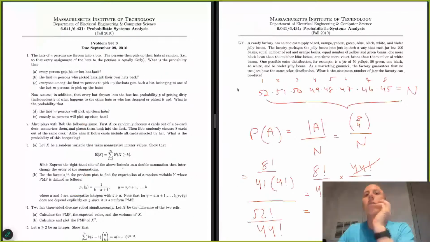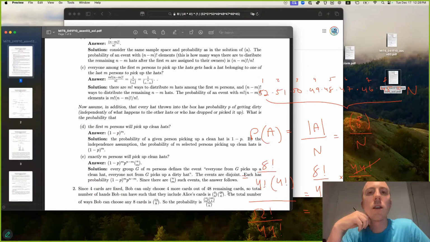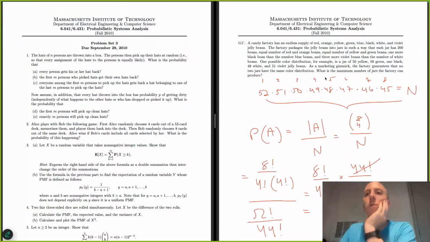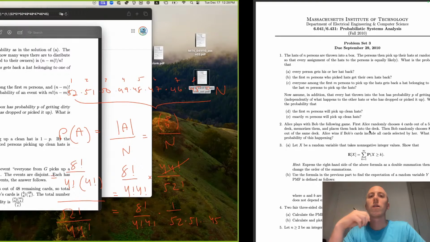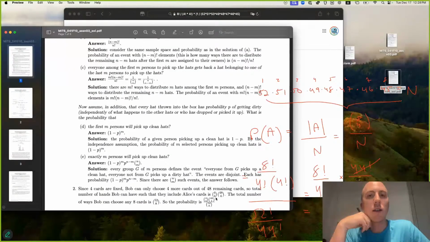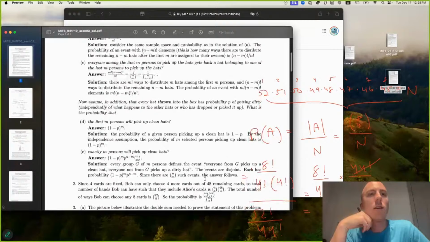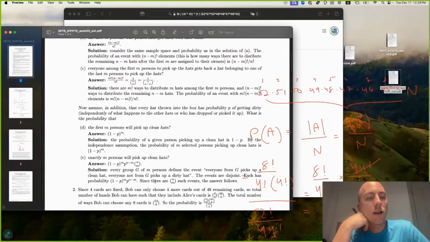Can we write this in terms of choosing stuff? 8 choose 4, whatever. He's writing this in terms of choose, so let's just see what he did. Since 4 cards are fixed, Bob can only choose 4 more cards out of the remaining 48 cards.